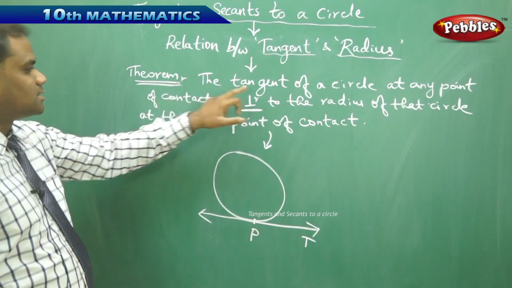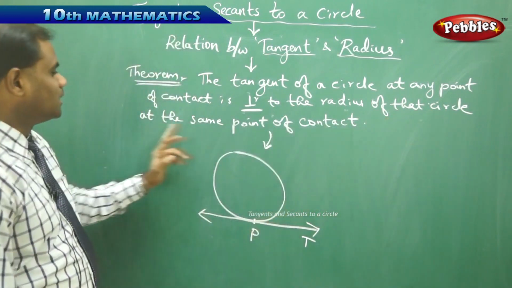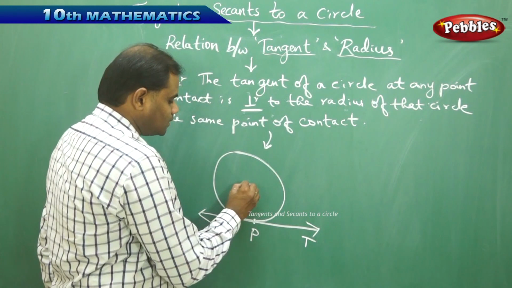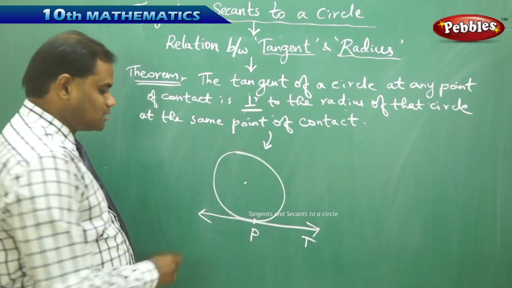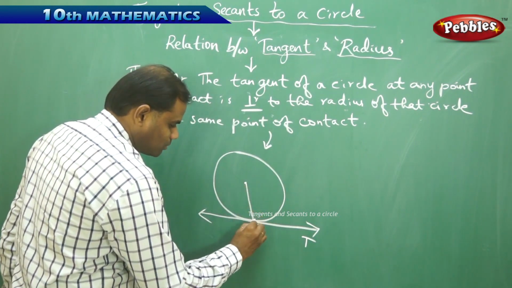Then the theorem says that the tangent is perpendicular to the radius of that circle at the same point of contact. Now this is very important because there are infinitely many radii on the circle, but this tangent is perpendicular to that radius which passes through the point of contact.